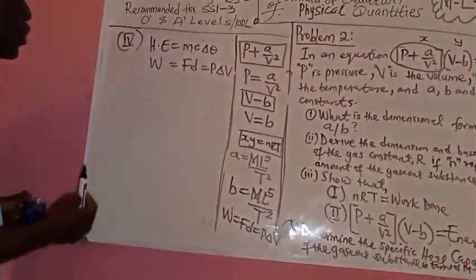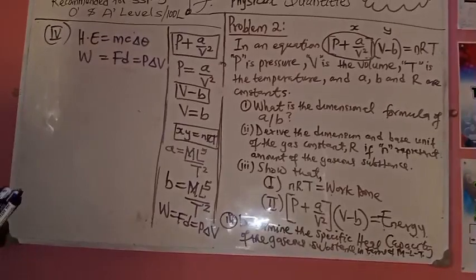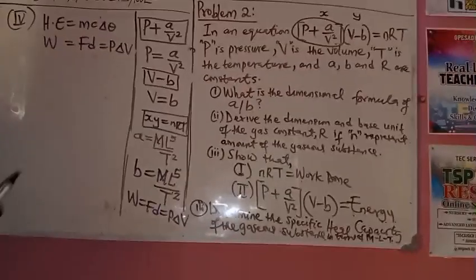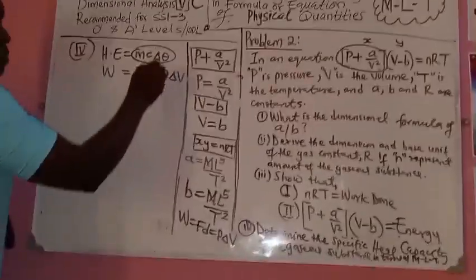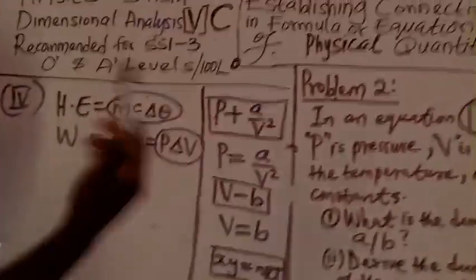So for them to tell me to express that specific heat capacity in terms of MLT, it means they were simply asking us to equate this to any of these, because both are energy, heat energy and work done, expressed in joules.